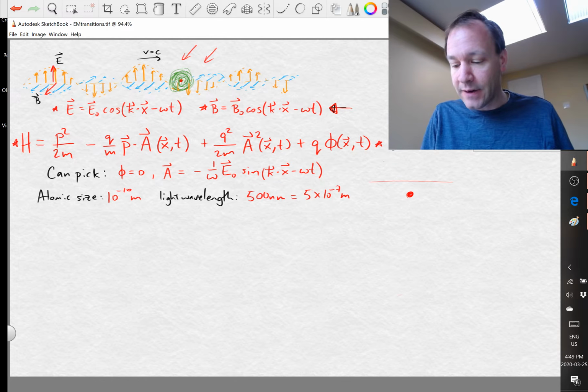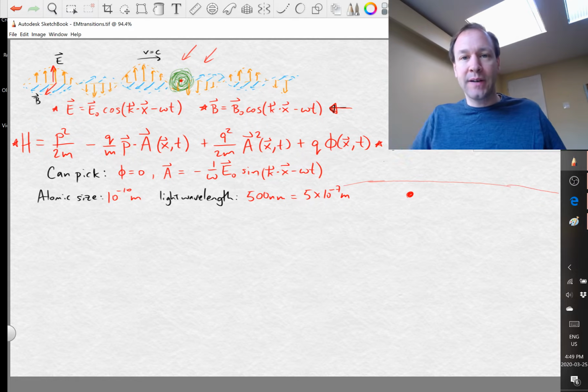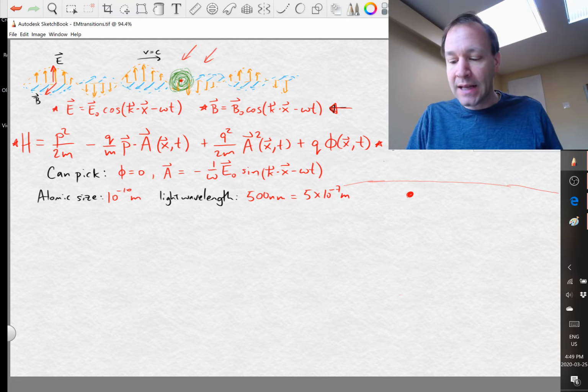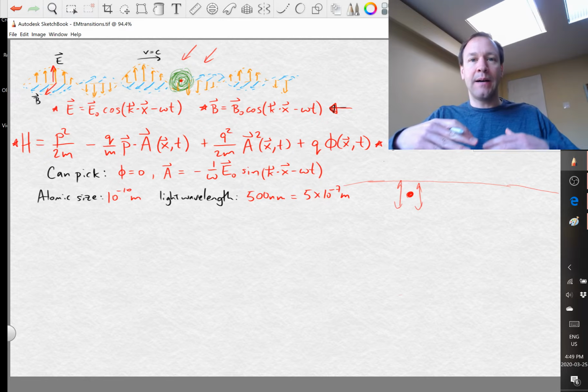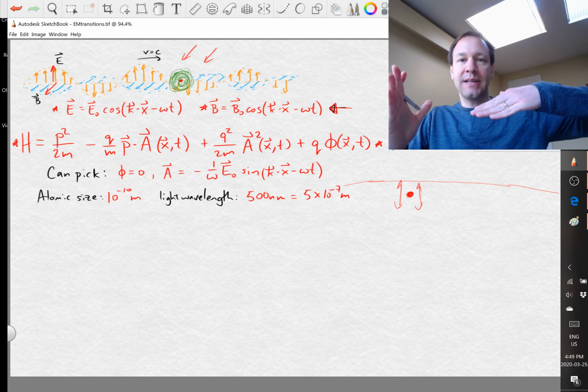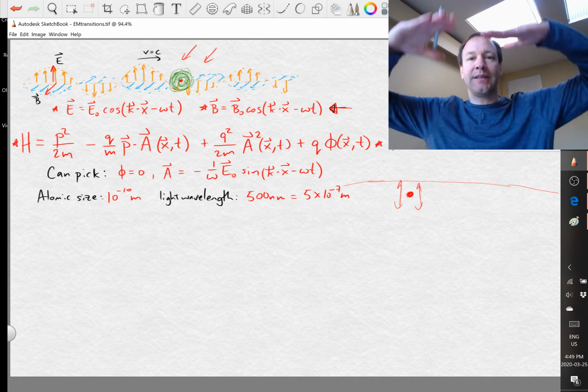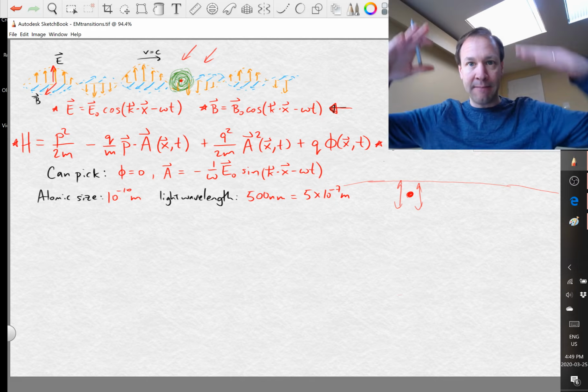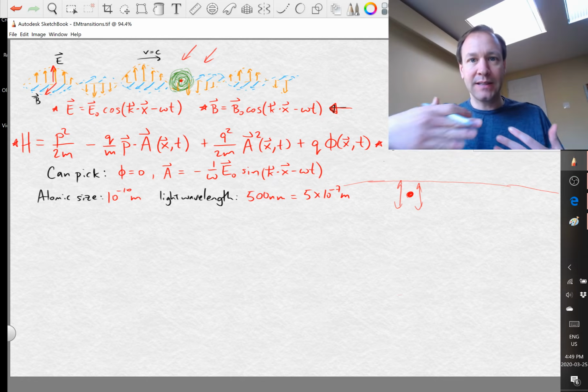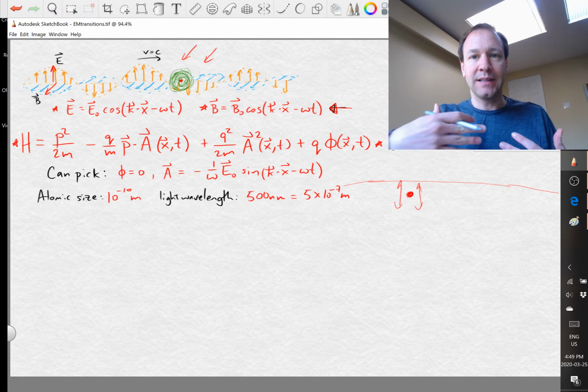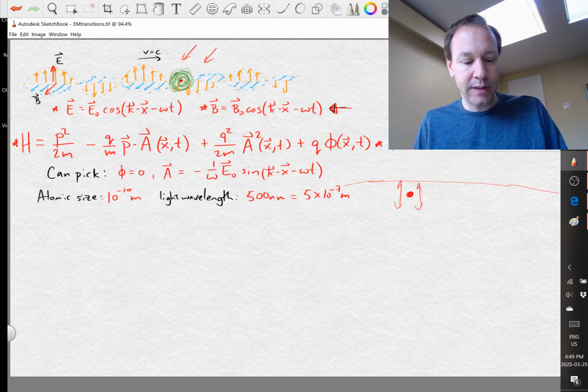You see some very slow, I can't even draw that, but here's a very long wavelength wave compared to the size of that atom. And so mainly what you would see is just a spatially constant electric field that's oscillating up and down with time. And similarly, a spatially constant magnetic field that's oscillating back and forth with time.